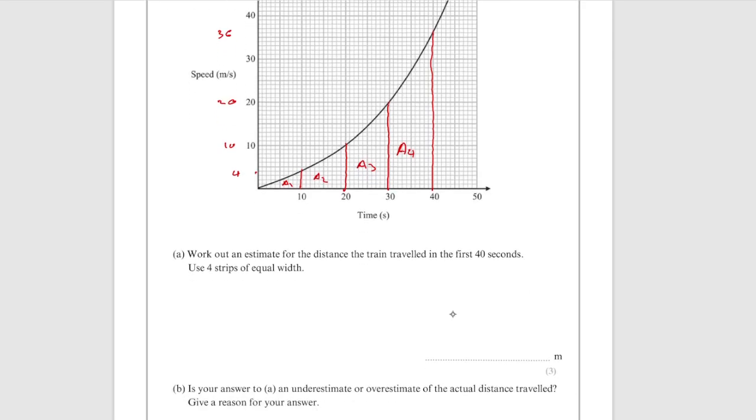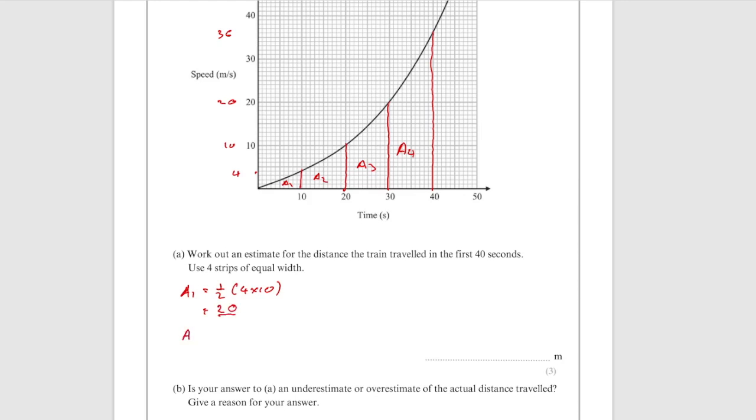So the area of shape 1 is going to be equal to half of, it's a triangle, so half of 4 times 10. Which is going to be half of 14, so that's just going to be 7. No, it's not. It's going to be 4 times 10 is 40. Half of 40 is 20.